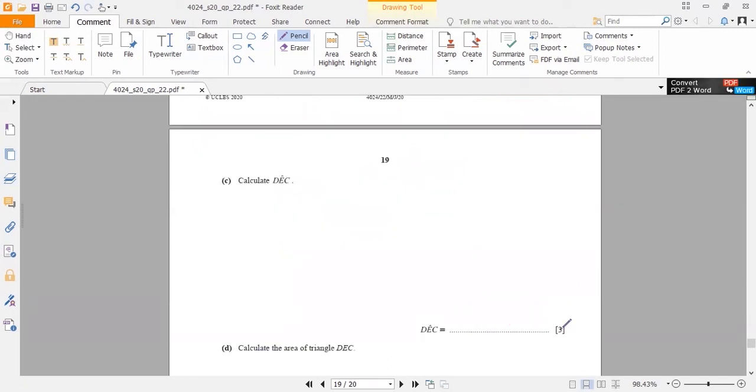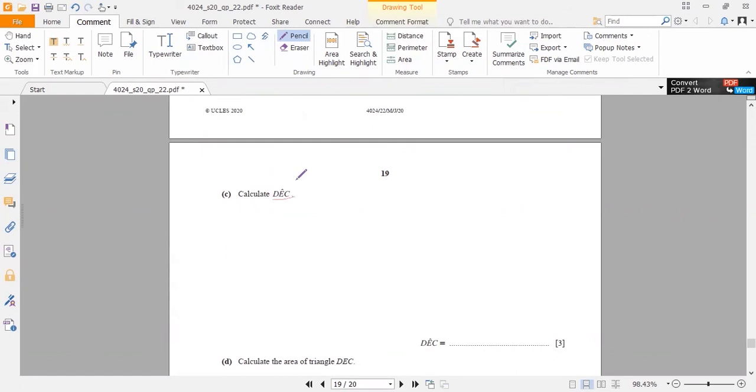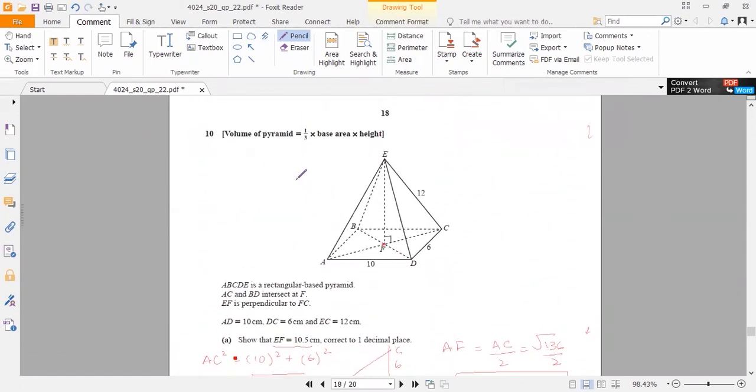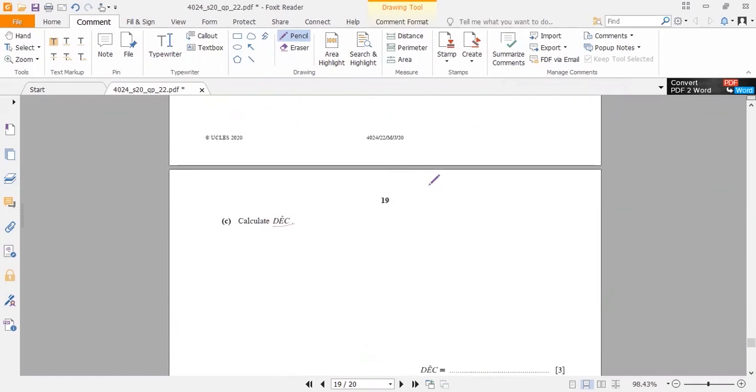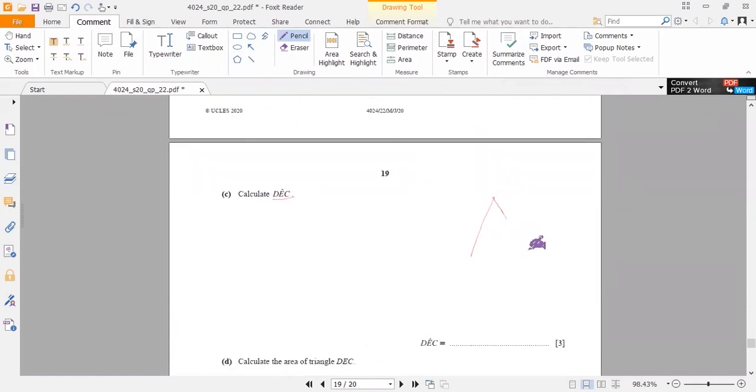Now come to part C. We have to calculate the angle DEC. We have to consider this triangle D, E, C. If I draw the triangle here, D, E, C, this is the length 6, and these sides are 12 and 12.